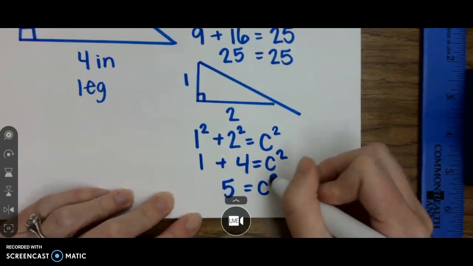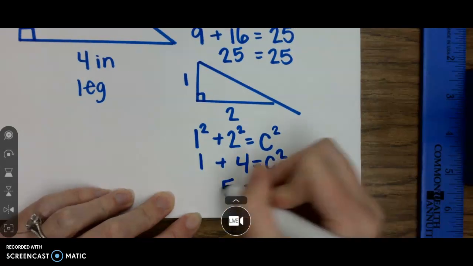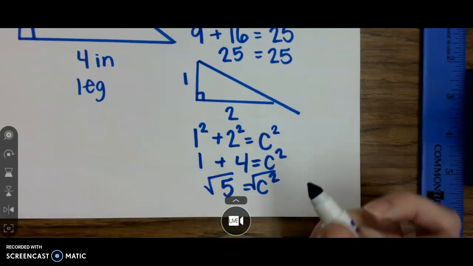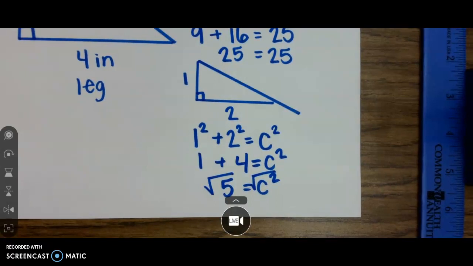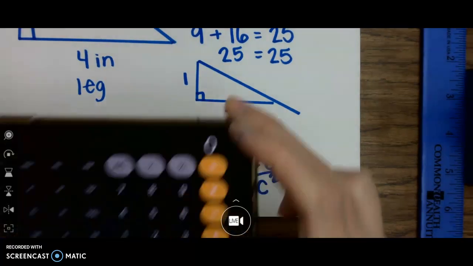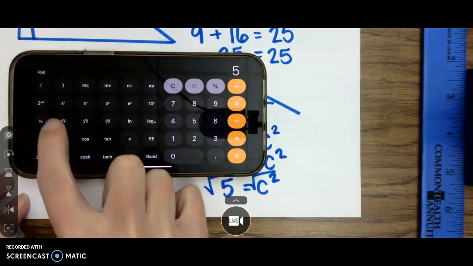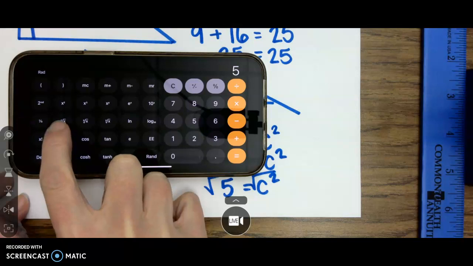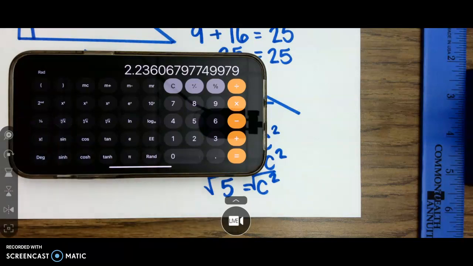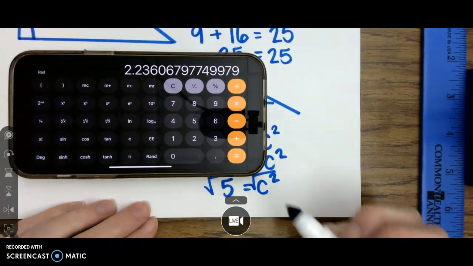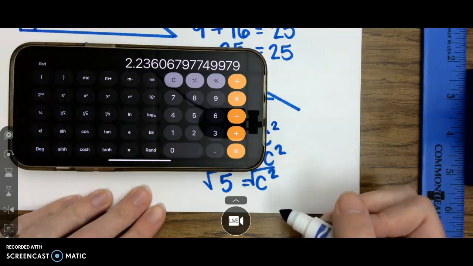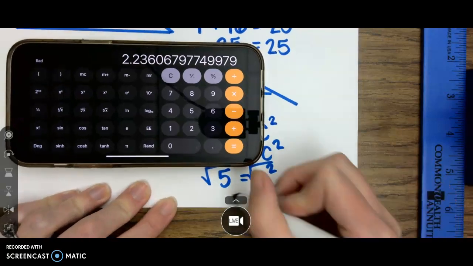So to unsquare this, we take the square root of both sides. So we have to figure out the square root of 5. So I'm going to pull up my calculator here. 5. And then square root is this button here with little 2. And we get that long, crazy number. So we're just going to round this to 2.24.